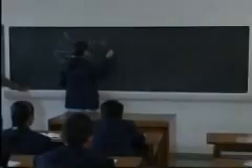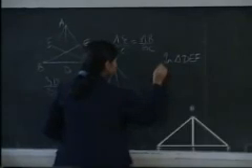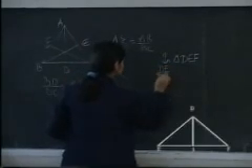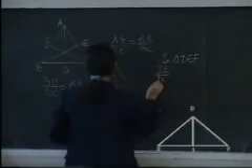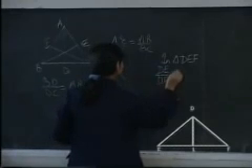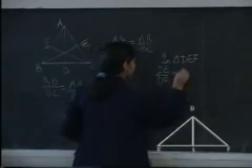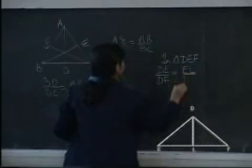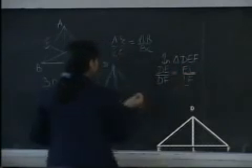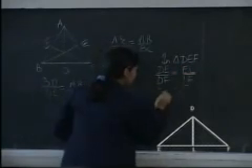Now here in triangle DEF, by angle bisector theorem, DE by DF is equal to EL by LF. We are also given that EL is equal to LF.